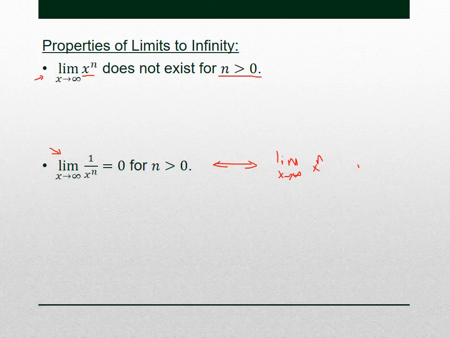But remember, flipping it to 1 over x to the n would be saying we're taking negative numbers. So these are the same thing, I'm just rewriting it a different way. So if you have something like 1 over x to the n where n is positive, then that limit is always 0. As you plug in larger and larger numbers, this denominator blows up, and 1 over 10, 1 over 100, 1 over 1,000, that's always going to 0.